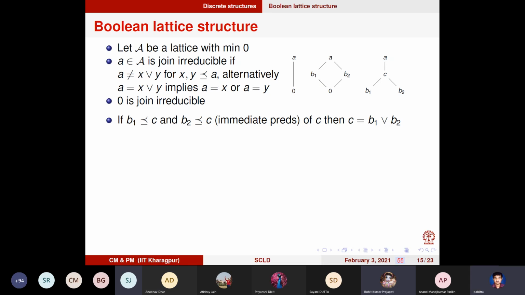Similarly for B2. Is A join irreducible? No, sir. Why? B1 join B2 is A. Exactly. Not only B1 join A is A and B2 join A is A, but also B1 join B2 is A. So this violates the alternate condition. Does it violate the first condition?